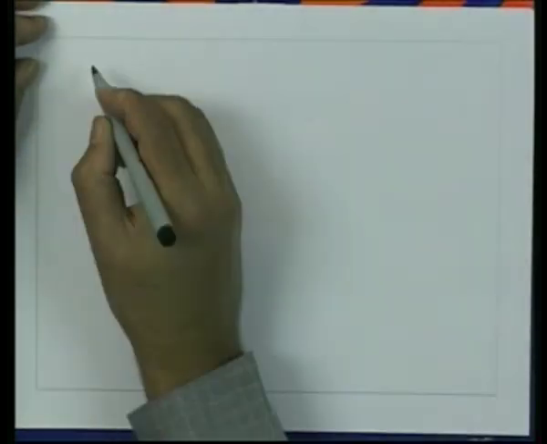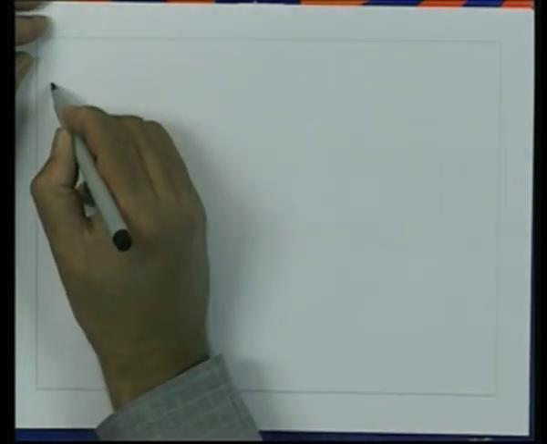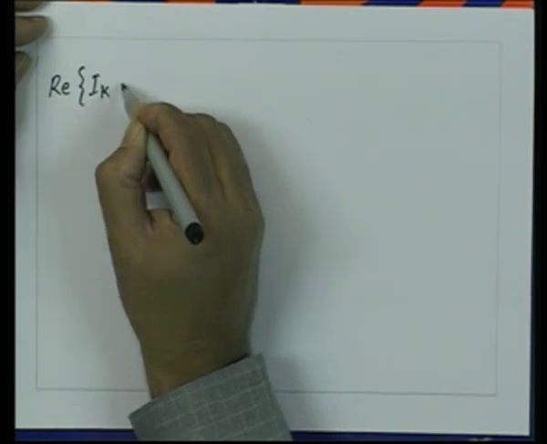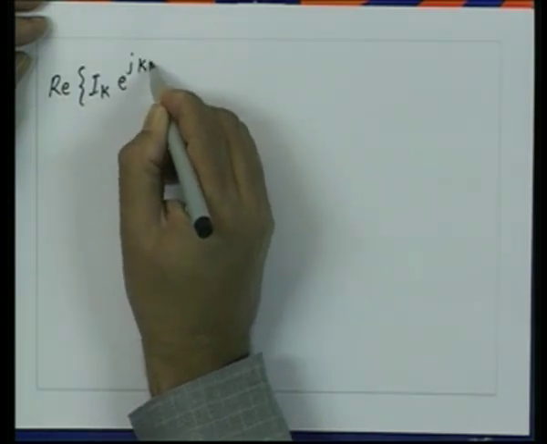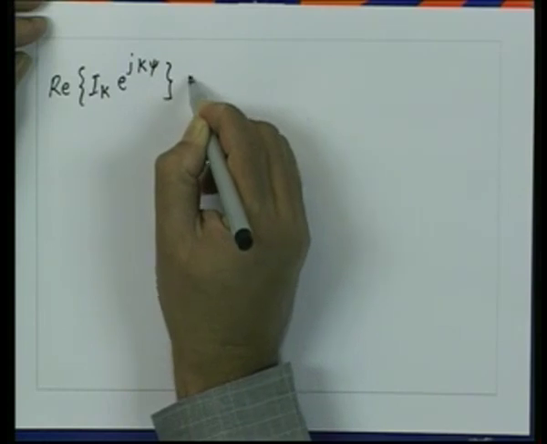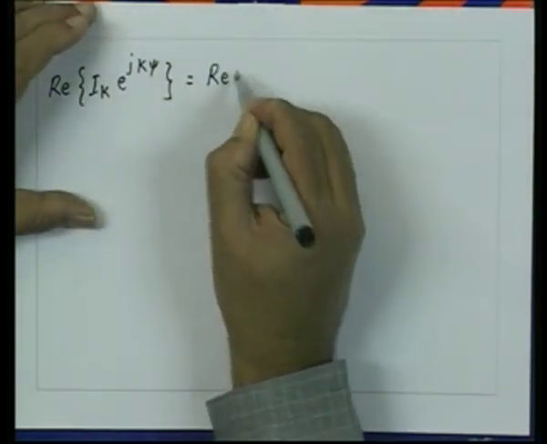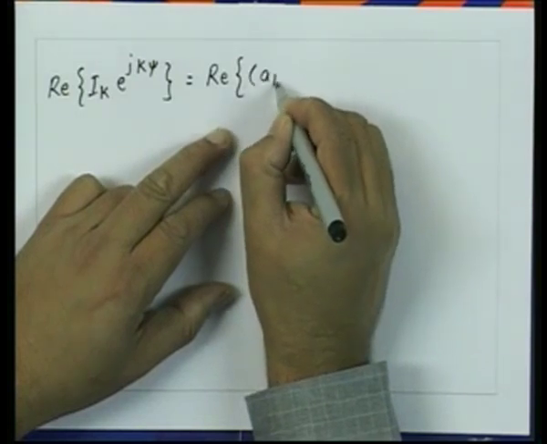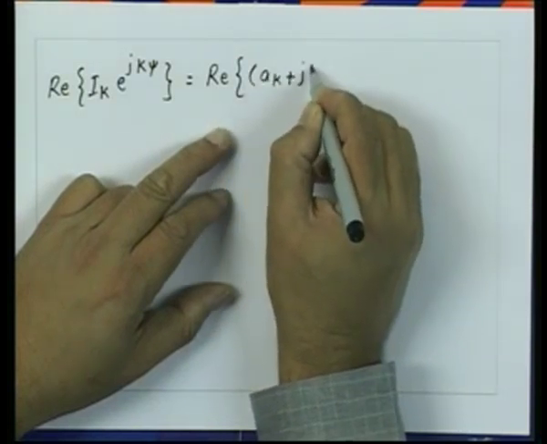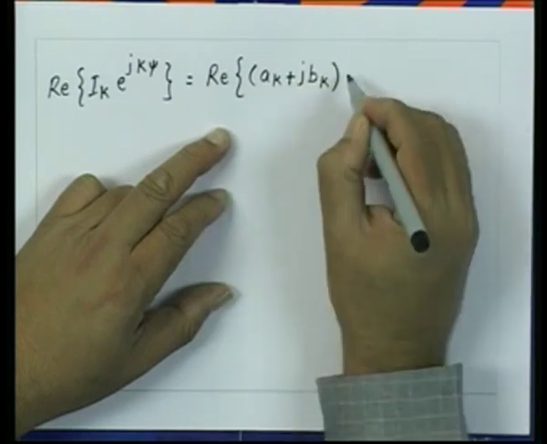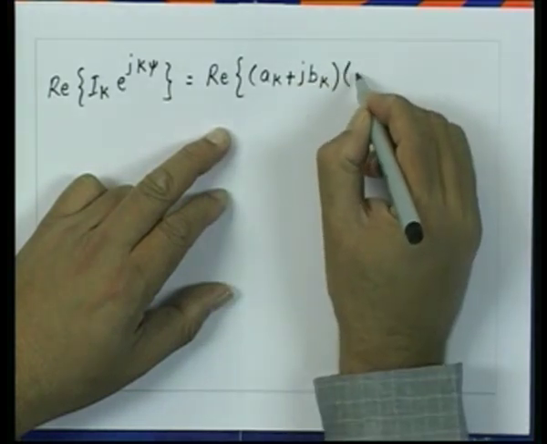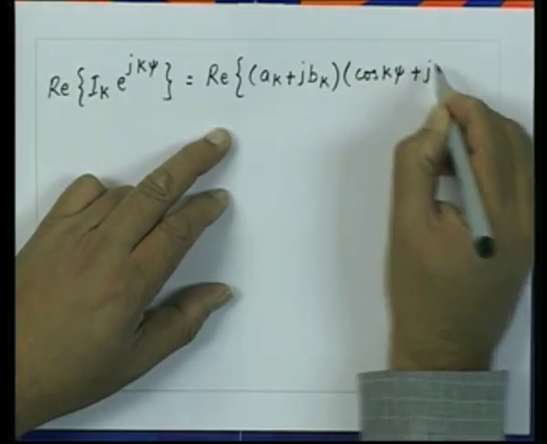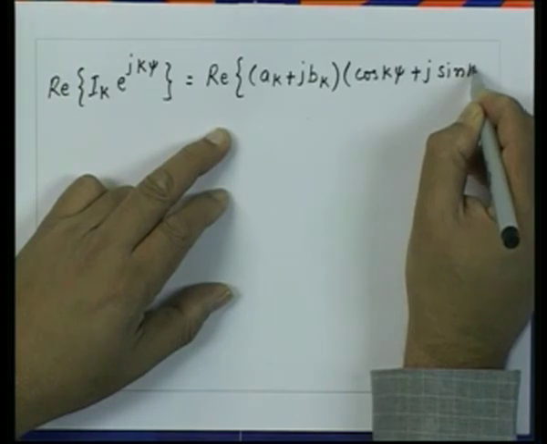So, the real part of Ik e to the power j k psi is equal to real part of (ak plus j bk) into (cosine of k psi plus j sine of k psi).